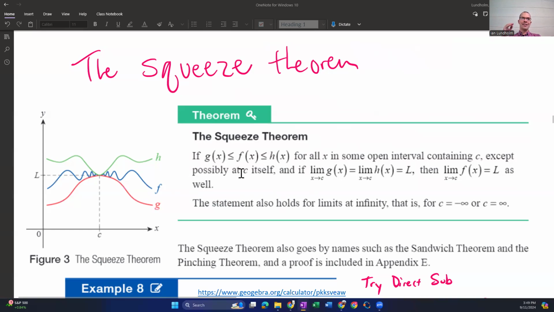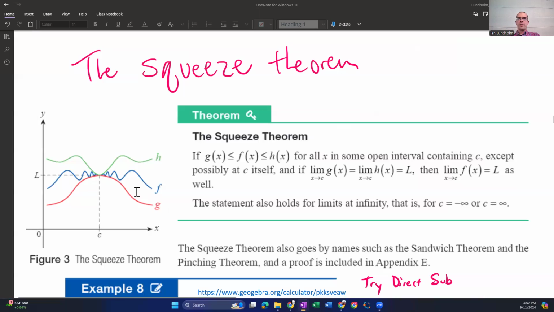And the idea is, if we can find a point c as an x value where the limit of h and g are the same, so the top and the bottom end up being the same, it automatically squeezes the function in the middle to have the same exact limit.